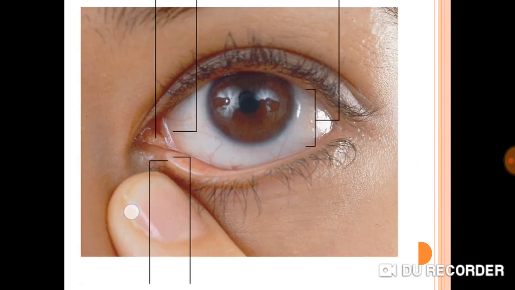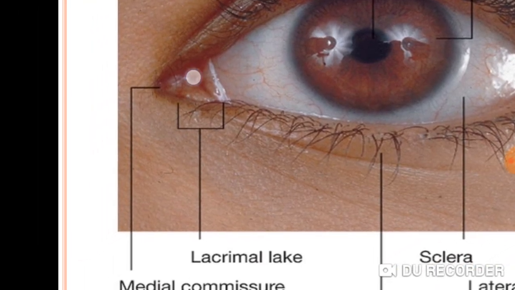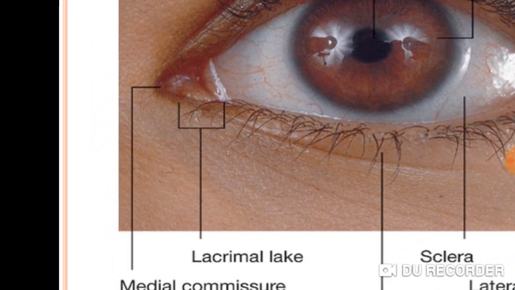Now, at the medial side of the eyeball, there is a small space that you can see from here to here. This small space at the medial angle is your lacus lacrimalis. In the lacus lacrimalis you have a small elevation, known as the caruncle lacrimalis, whereas just lateral to the caruncle lacrimalis you can see a fold.